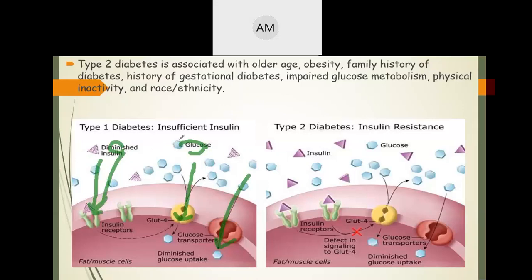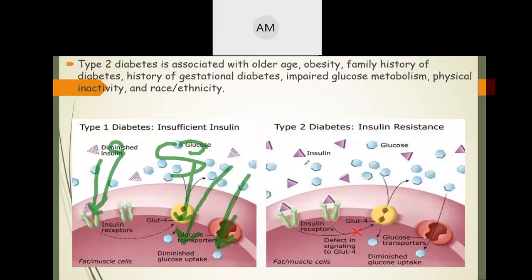So in type 1 diabetes, insulin is insufficient, so the doors are not open, or the transporters of glucose don't open because insulin is absent. So the glucose cannot go inside. So in the blood, the glucose levels rise. They start rising very high. There is hyperglycemia.